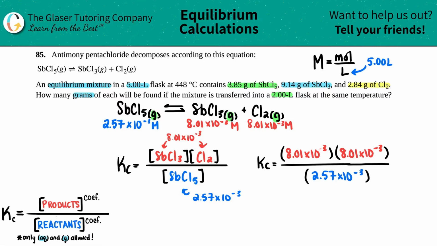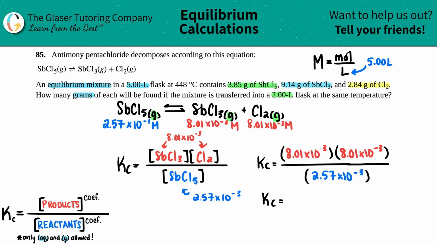And we get a Kc value. Let's see. 8.01 times 10 to the negative 3. I'm going to square that. And then I'm going to divide it by 2.57 times 10 to the negative 3. And I guess we'll do 3 sig figs.